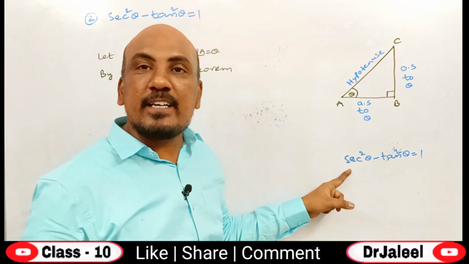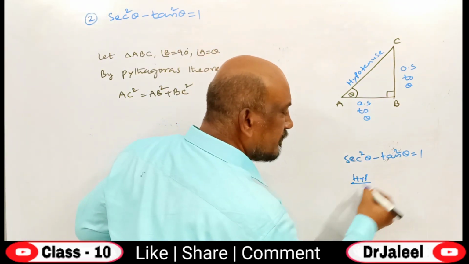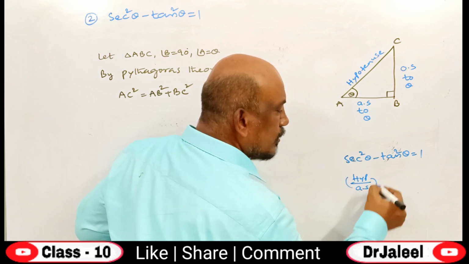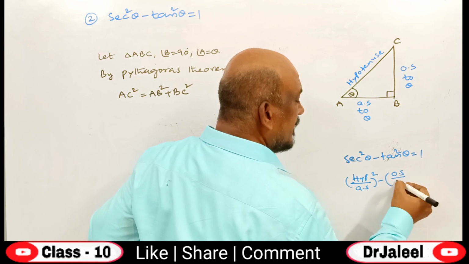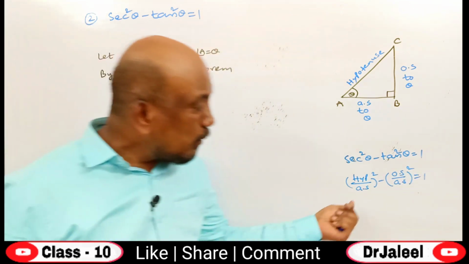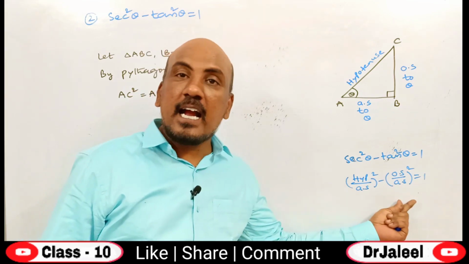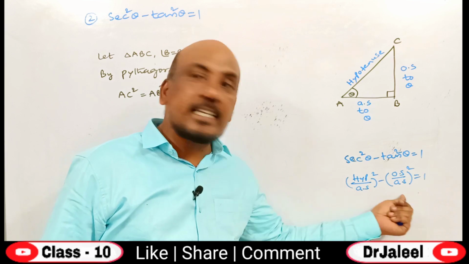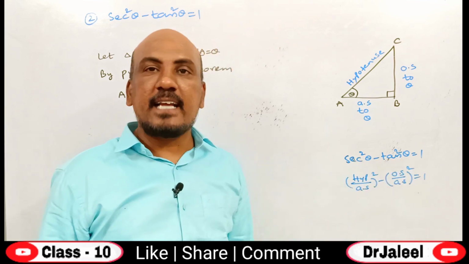What is the definition of sec? Sec is hypotenuse side by adjacent side whole square, minus tan. What is tan? Opposite side by adjacent side whole square is equal to 1. So children, what should we get in the denominator here? Adjacent side. So in the denominator we should get adjacent side to get this sec square theta minus tan square theta.